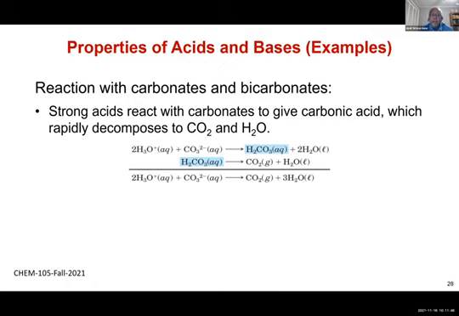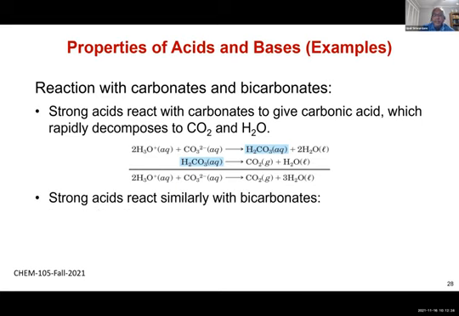The total ionic equation is at the bottom. Acids react with carbonates to produce gaseous carbon dioxide and water. Since carbon dioxide gas is produced, these reactions go to completion. As carbon dioxide is removed, all carbonates will be converted to carbon dioxide and water.